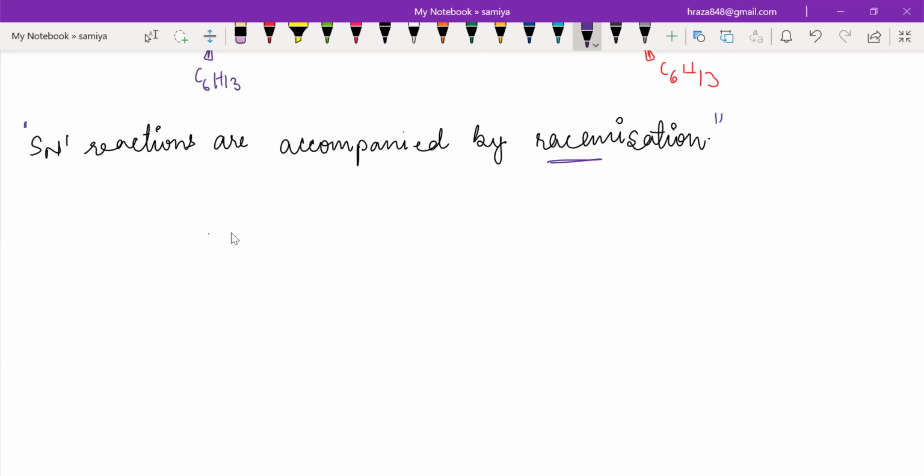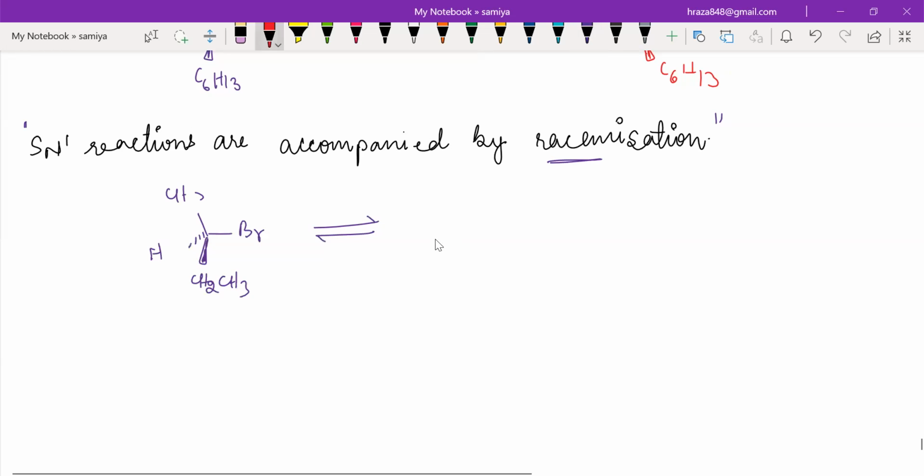First, I'm going to write a reaction. You can see this is Br on the plane, CH3 on the plane. Out of the plane, inside the plane. There is H and there is CH2. Now, if there will be a reaction, you know that in SN1, first there will be the formation of carbocation.